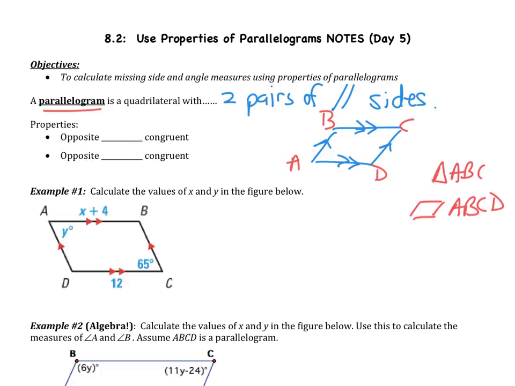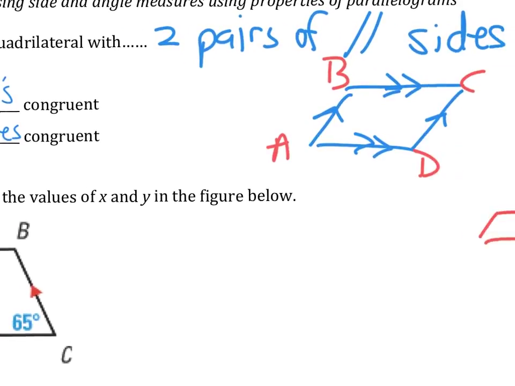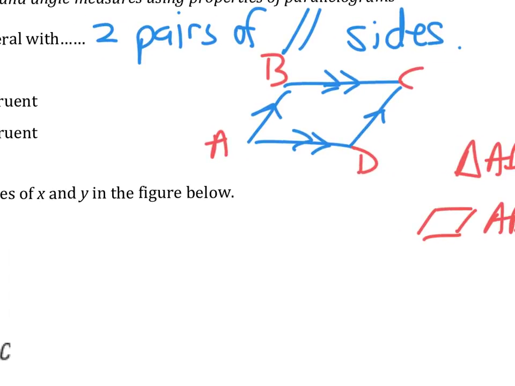And it gives you congruent. What do you think are congruent? Angles. Okay, so the opposite angles are going to be congruent. That is correct. All right, and the opposite sides. Okay, so that means in our picture over here, the opposite sides are congruent.